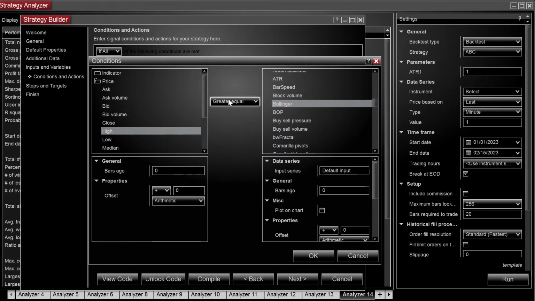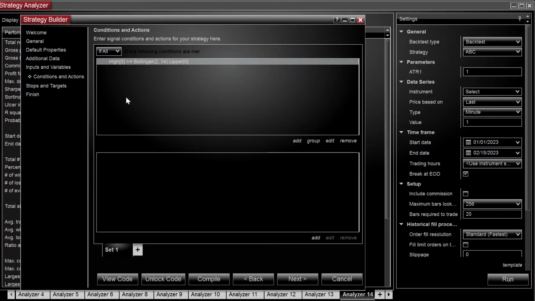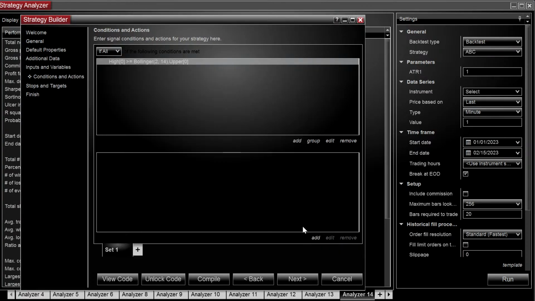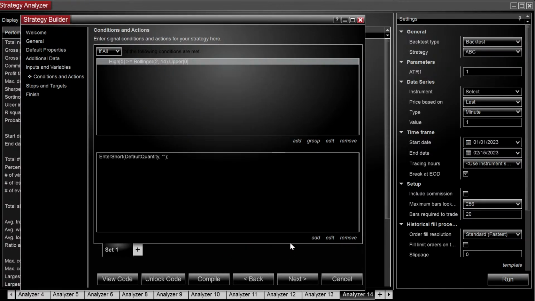So high, greater or equal, upper band, plot it on the chart. When that occurs, we are going to enter a short.